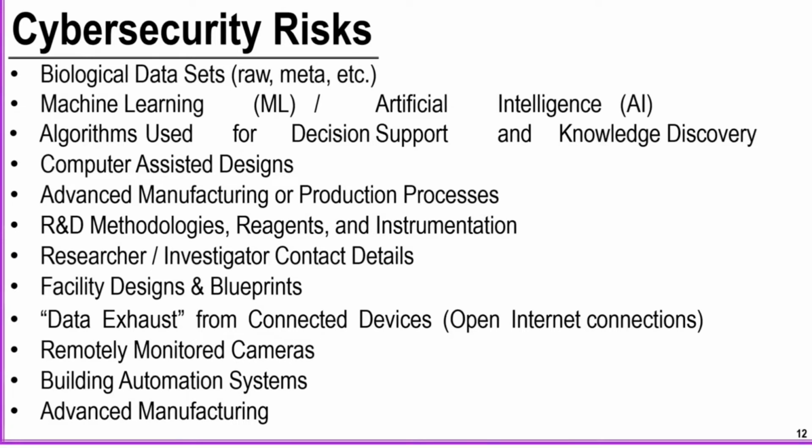There are many examples to quote. However, here the ultimate idea is to mitigate the cyber biosecurity risks to protect biosecurity sensitive information. It could be about biological materials and equipment.